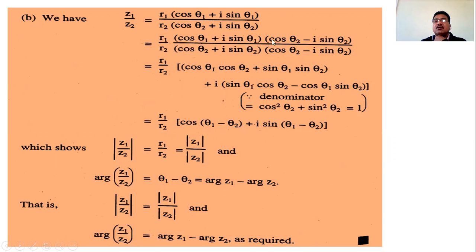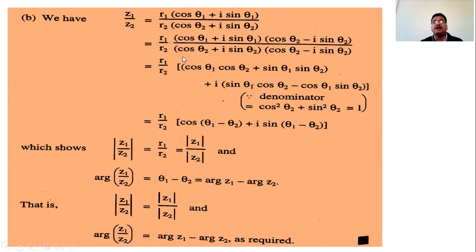Then we have cos theta 1 cos theta 2 plus sin theta 1 sin theta 2 in one bracket. So write first those four terms and then write this step. And for the imaginary parts, I take I as common. So what is that? Sin theta 1 cos theta 2 minus cos theta 1 sin theta 2.